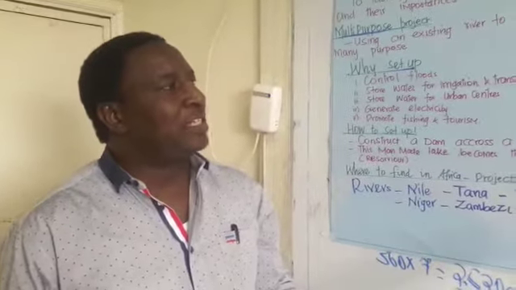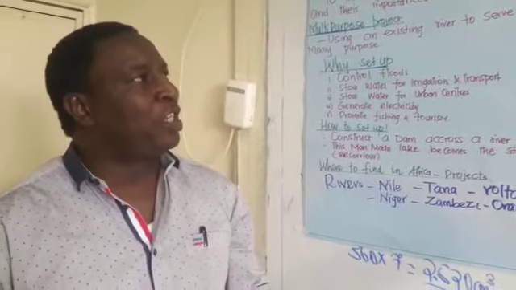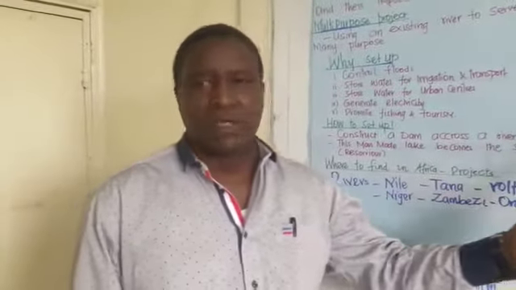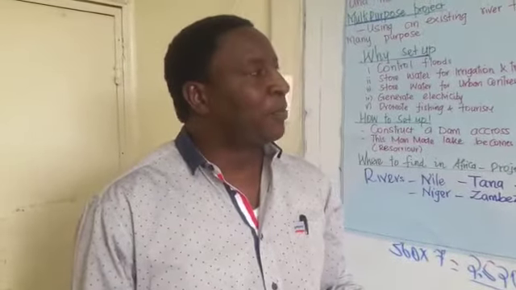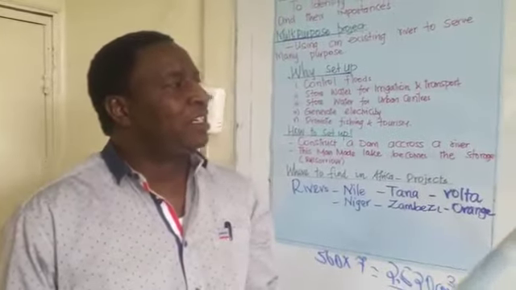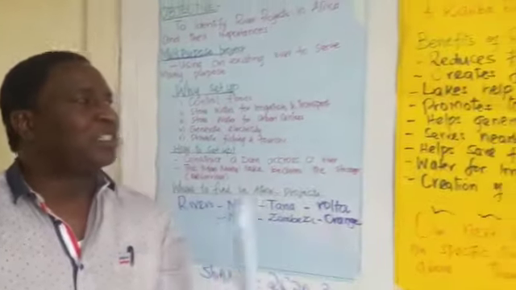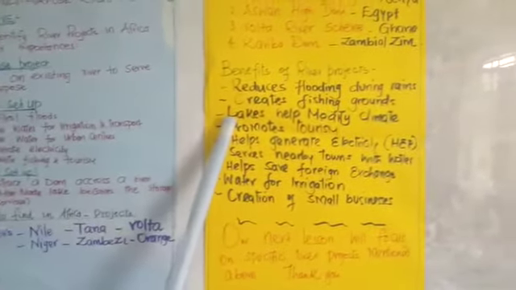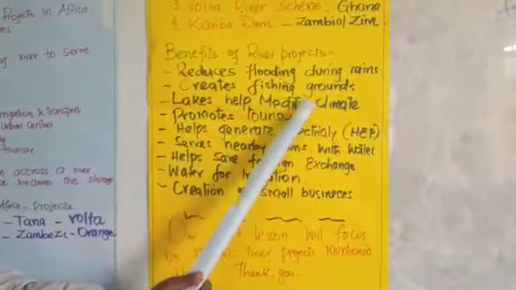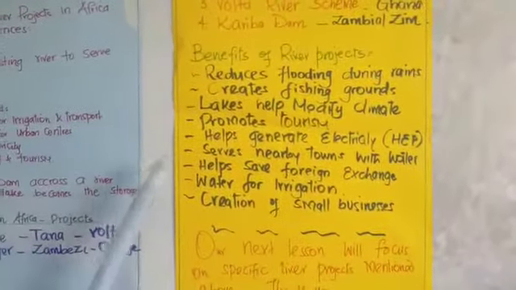Having looked at that, and before we embark on each of them, what are some of the benefits of these river projects? The river projects will reduce flooding, like I had said earlier. They will create fishing grounds. The lakes that have been formed modify the climate in an area.